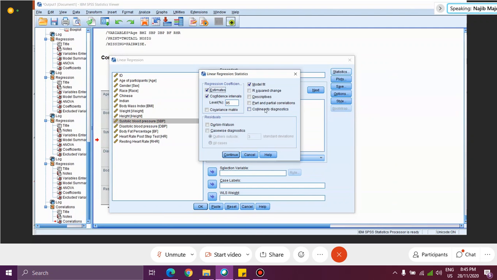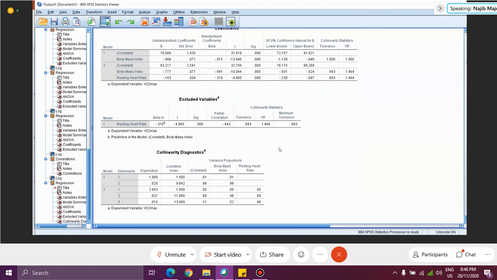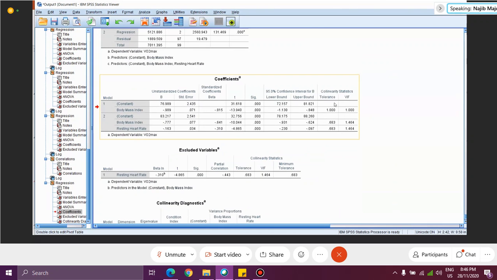Okay, under statistics, we tick collinearity diagnostics, continue, and then OK. So in the coefficient table, you'll be given collinearity statistics. Okay, collinearity statistics describe multicollinearity between these two variables.